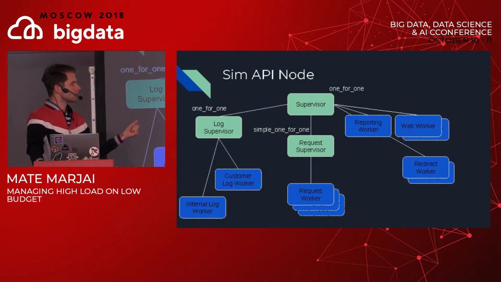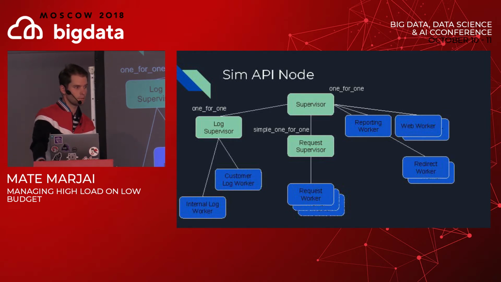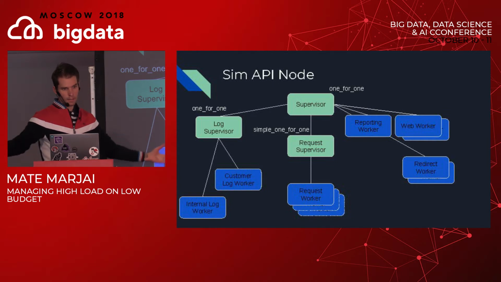And the key to that pretty much is choosing the right kind of technology for the right kind of tools. So we chose Erlang and Elixir for the reason that it's very efficient running on either small systems or big systems.